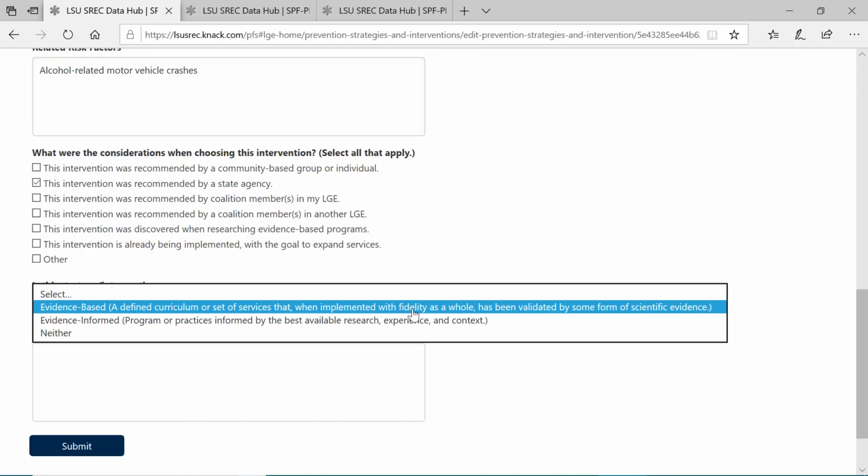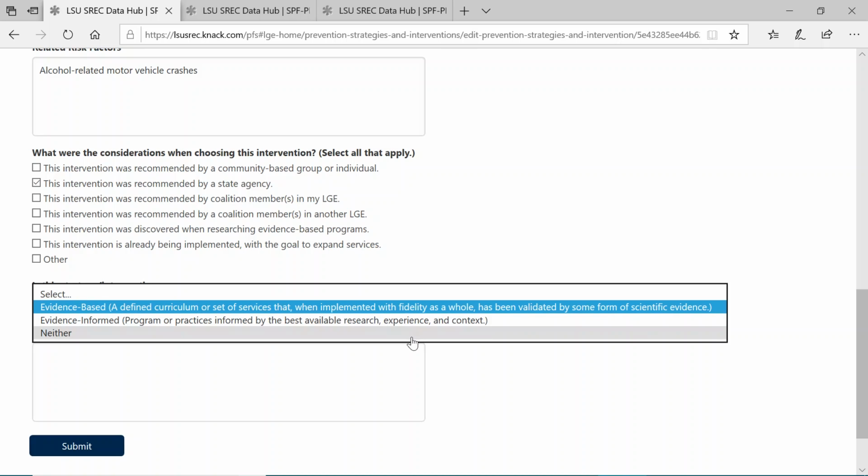In this case, sobriety checkpoints are actually evidence-based as long as they are frequent, highly visible, and highly advertised. If it's a program that doesn't necessarily have that robust research behind each step, but brings in a lot of components that are research-based or evidence-based, and you are adapting it to your context, that would be a program that's evidence-informed.